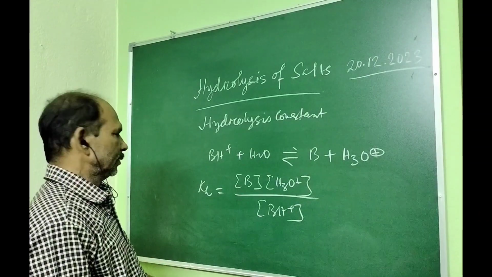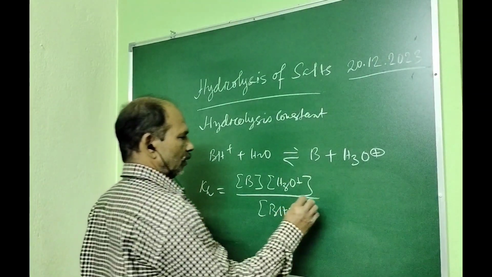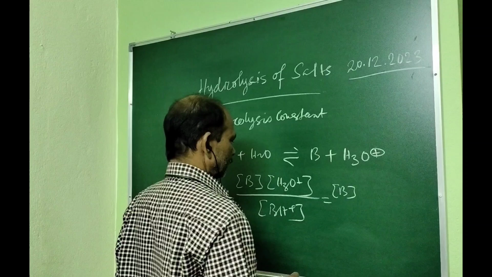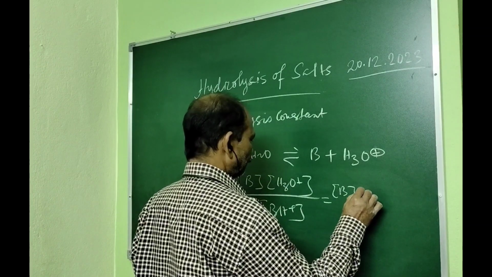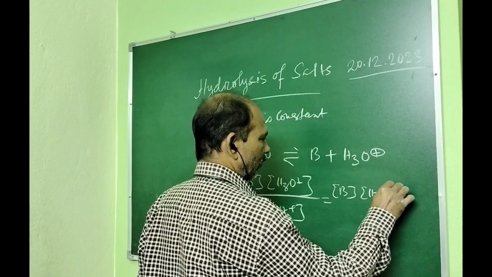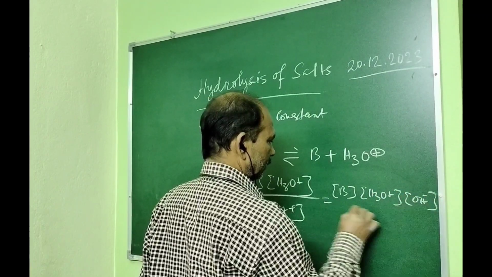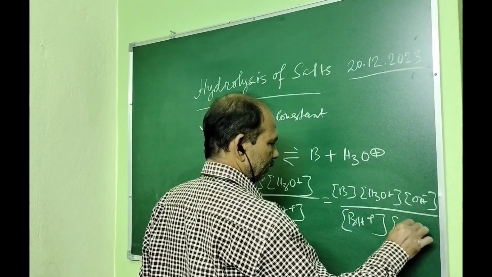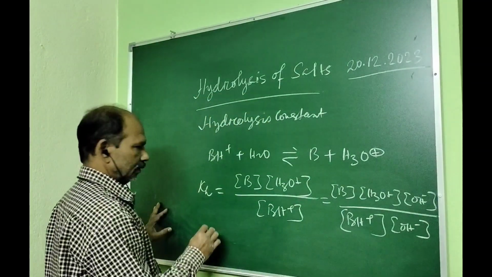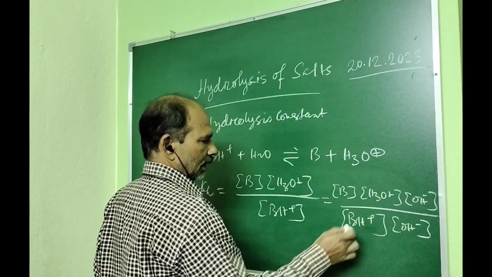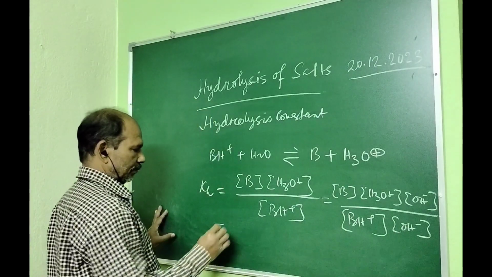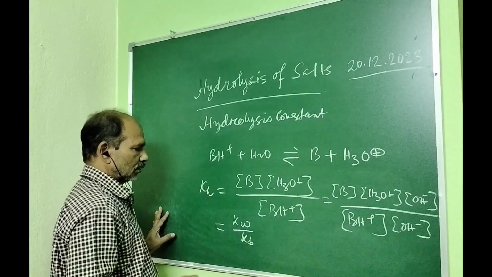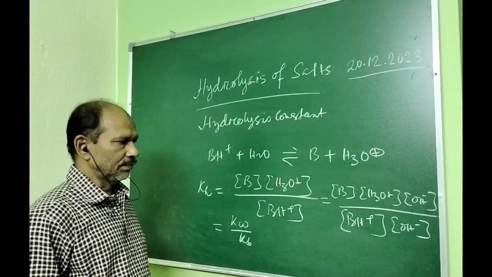So you have to multiply by OH minus here, which equals B into H plus into OH minus divided by BH plus into OH minus. So we get Kw, and this equals 1 by Kb, that means Kh equals Kw by Kb. So in this case, the hydrolysis constant equals Kw by Kb.